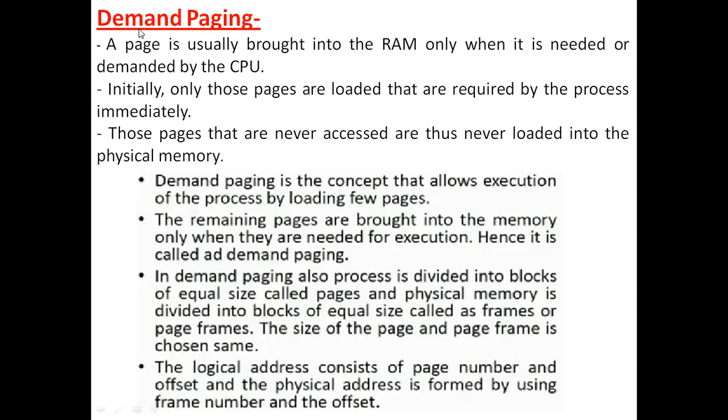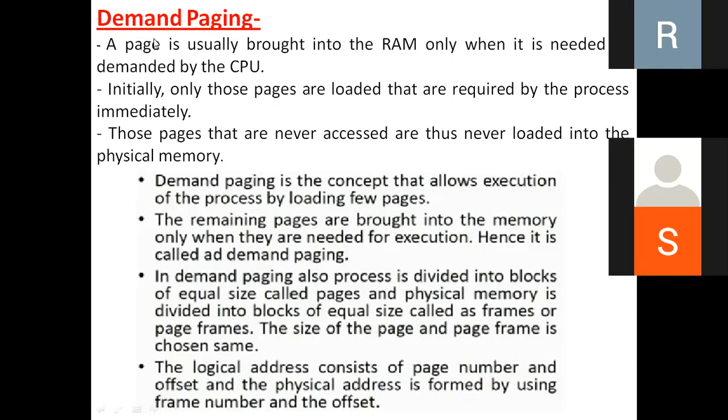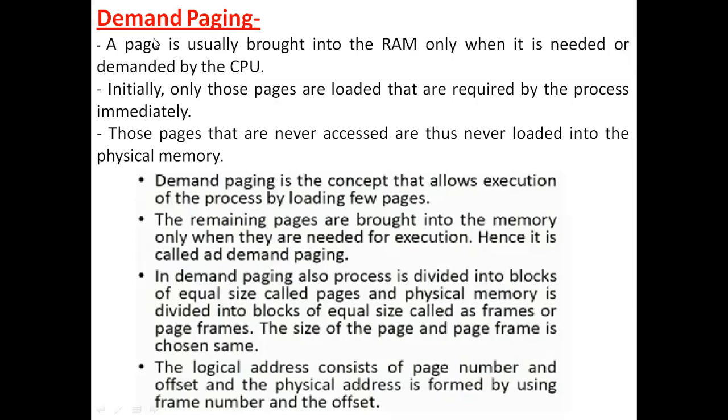In demand paging also, we divide the program into fixed size blocks, and those fixed size blocks are called pages. Similarly, the RAM is also divided into equal size blocks, which are called frames. Again, the size of the page will be equal to the size of the frame.